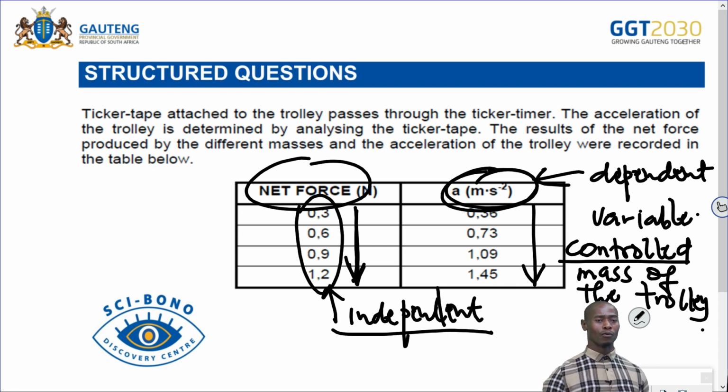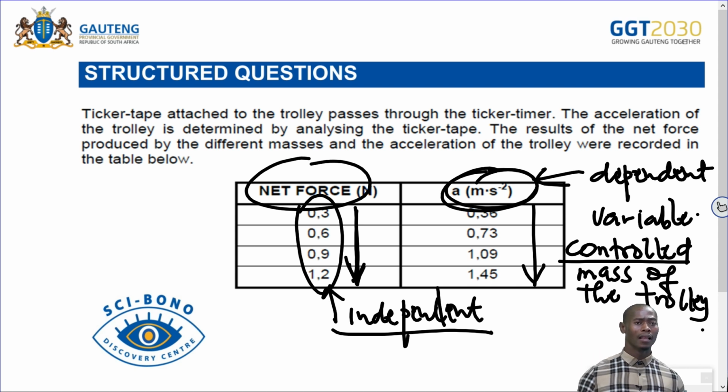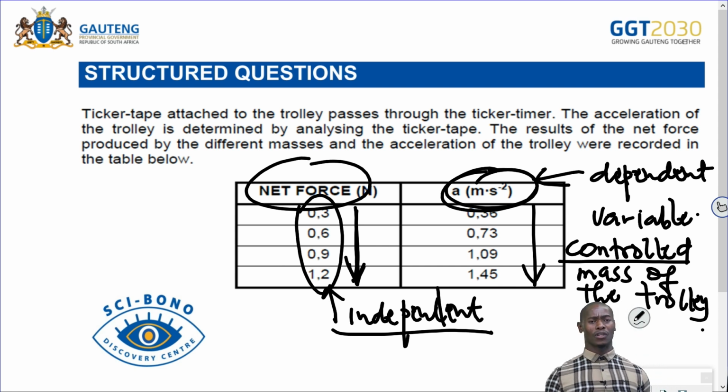And please be careful when you give the investigative question. It should be an open-ended question, not a question like, will acceleration increase when net force increases? I can say yes or no there. So we don't want such questions. It should be an open-ended question.